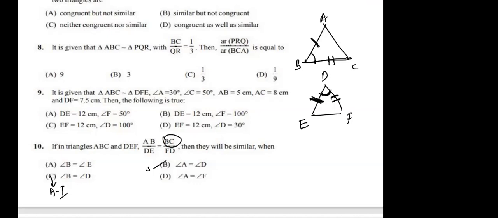But here it is given that AB is proportionate to DE and BC is proportionate to DF. So their corresponding angle, means जो line use हो रही है, उन line के बीच का जो angle है वो है B और D. So if angle B and D are equal, then only the triangle will be similar.